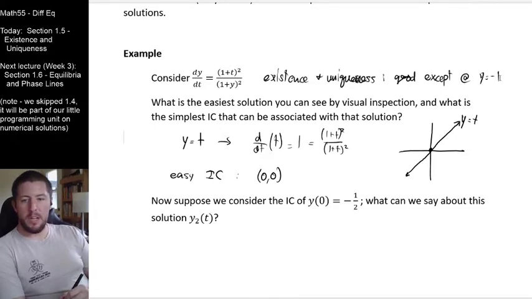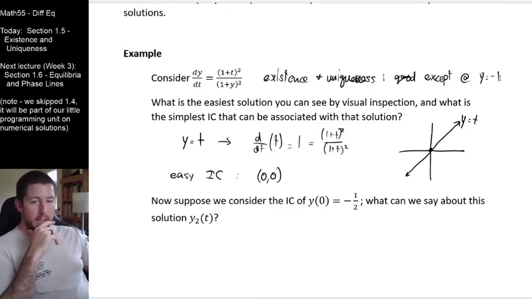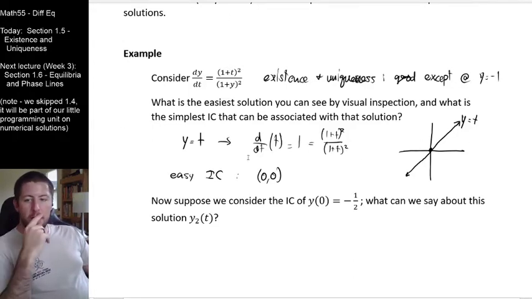But that's not really my point of concern right there. We are guaranteed existence and uniqueness for our other locations aside from that one. So the point is, this is an awesome first solution to find because it just chopped our entire plane in half.